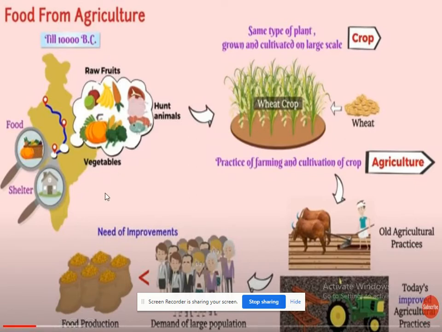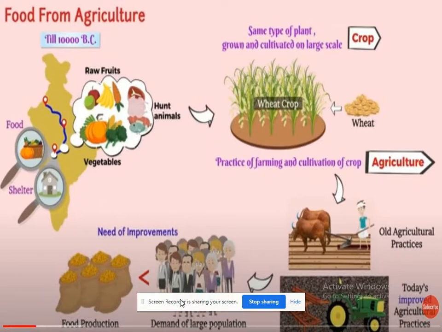But as the population started increasing, the demand for food also started increasing. Right, students? Before 50 or 60 years, we can say the population was small and they were getting food easily.